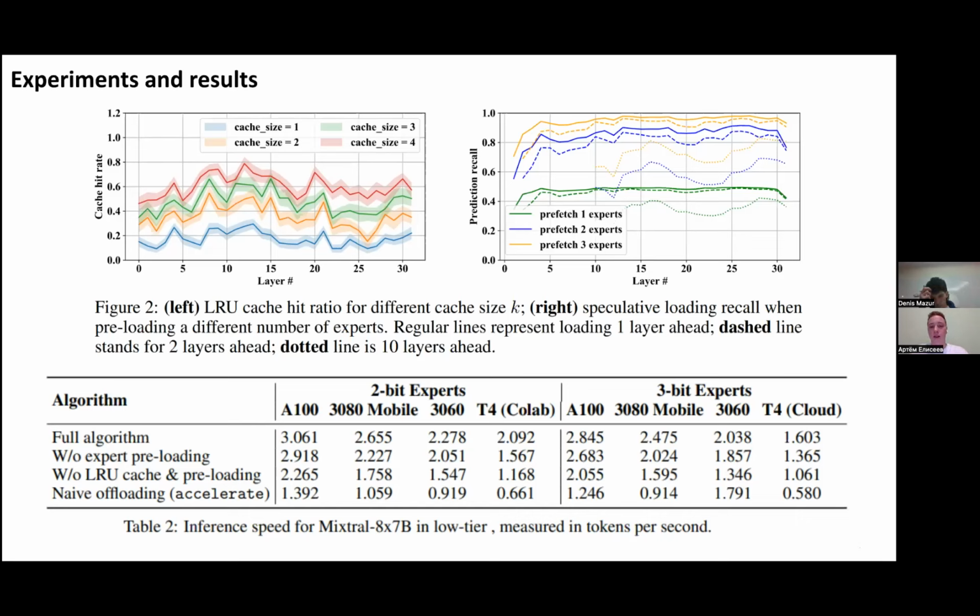As you can see from the figure at the top right, if we manage to fetch 2 experts and load them while we are computing the previous layer, there's an 80% probability for each expert that it will be already loaded to the GPU when it will be needed. So I think that's quite good.